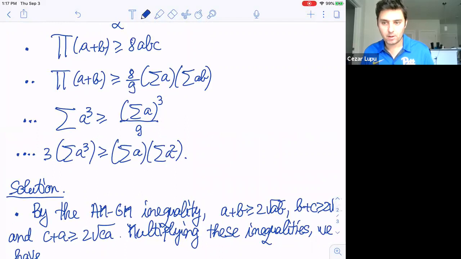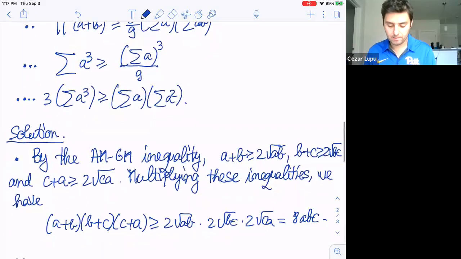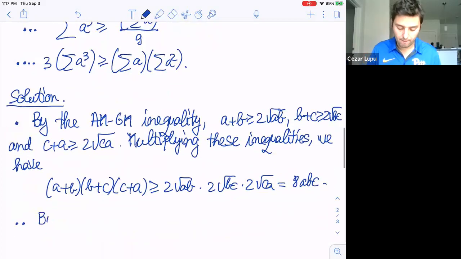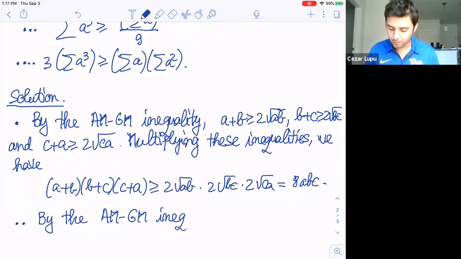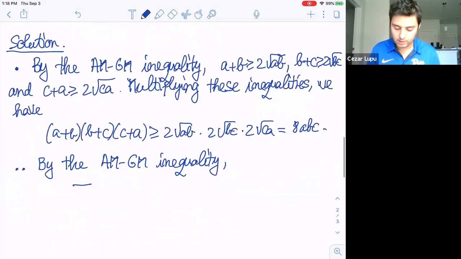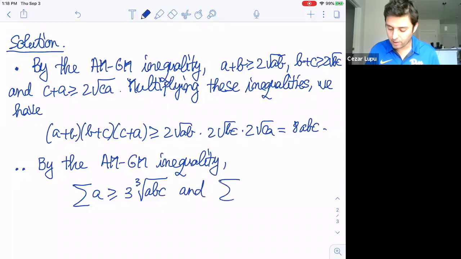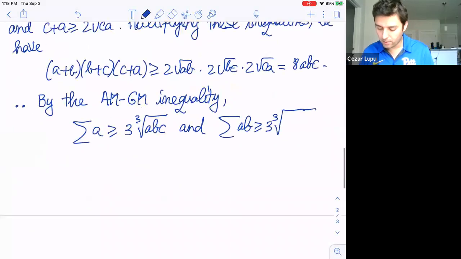Because if you apply the AM-GM on the right-hand side, we have that the sum of a is greater or equal than 3 times the cube root of abc, and the sum of ab is greater or equal than 3 times the cube root of a squared b squared c squared.